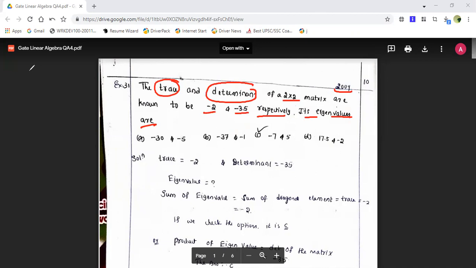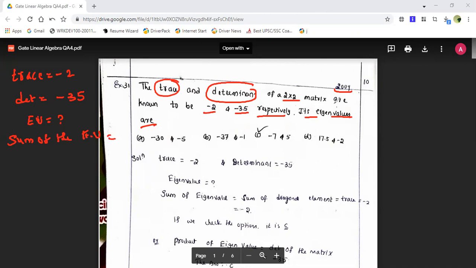So let's start with the problem. Here they have given that trace is equal to minus 2 and determinant of the matrix is given as 35. So they're asking us what is the eigenvalue. This we are supposed to find out. So please remember some of the properties which I'm going to quote now. Sum of the eigenvalues is equal to the sum of the diagonal elements.